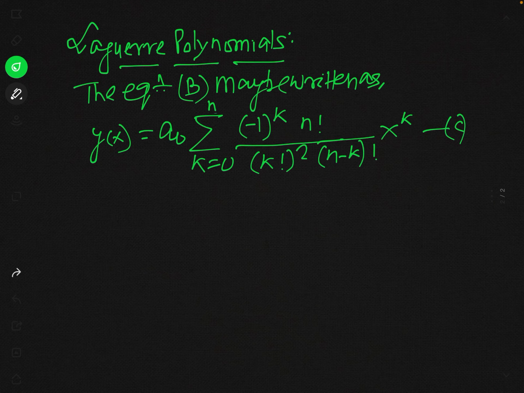Now if we take this arbitrary constant a naught equal to n factorial, then this solution of Lagrange differential equation is known as Lagrange polynomial of degree n.